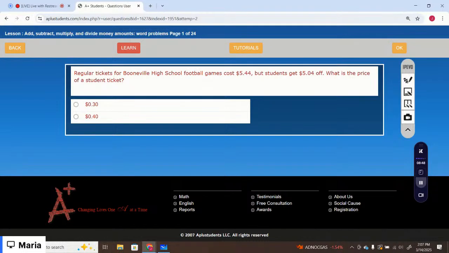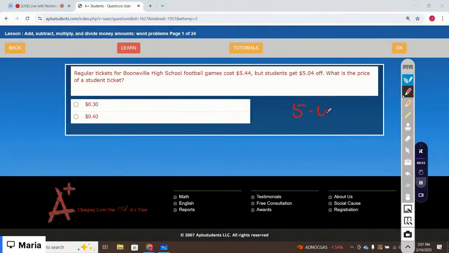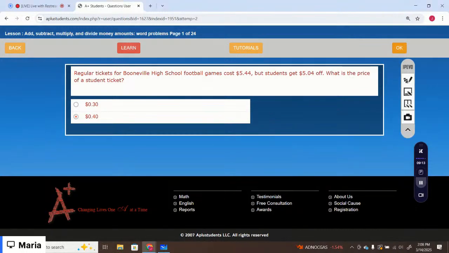What is the price of the student ticket? So the original price of the ticket is 5.44 and the off is 5.04. So you just have to subtract and find the cost of the ticket after the off. So 4 take away 4 is 0, 4 take away 0 is 4, and 5 take away 5 is 0. That is 0.40. Option number 3 is the correct option.